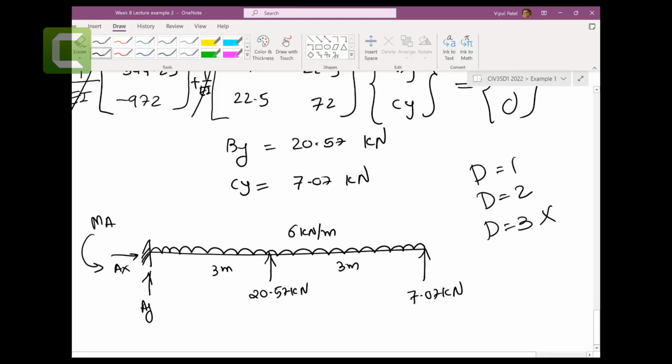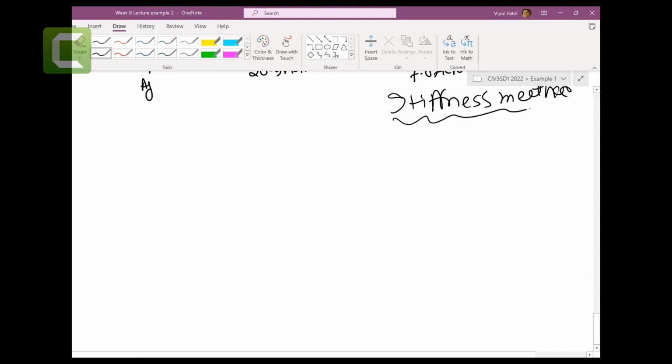For that case, like multi-story and large complex structures, we generally use the stiffness methods. I think we're going to teach you the stiffness methods.